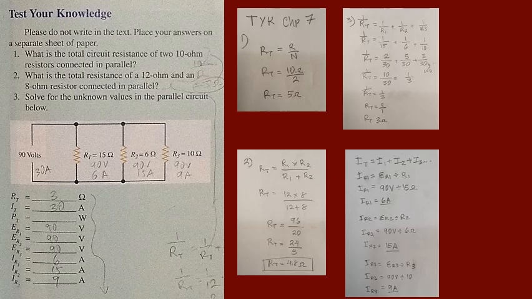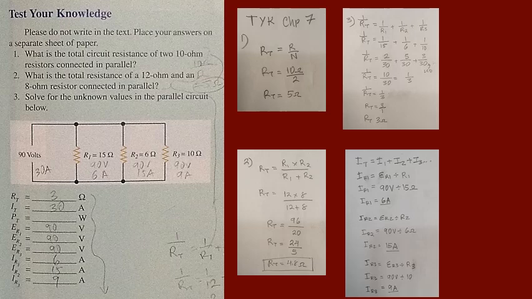So we have 12 times 8 divided by 12 plus 8, which gives us 96 divided by 20, or simplified to 24 divided by 5, which is 4.8 ohms. And this is because we have two different resistances. We have to use that formula, the product over the sum formula for resistance.